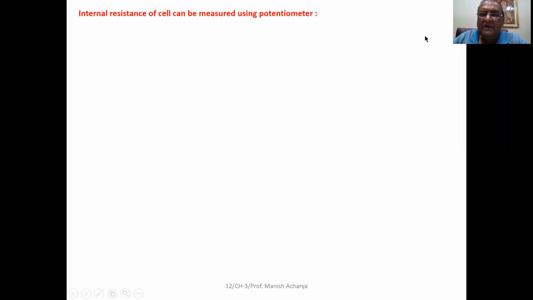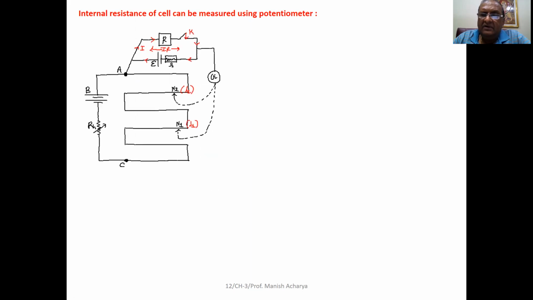Clear to all? Now using the potentiometer circuit, one can find the internal resistance of the cell. Now see, to find out the internal resistance of the cell, we have to prepare the circuit as shown in the figure.